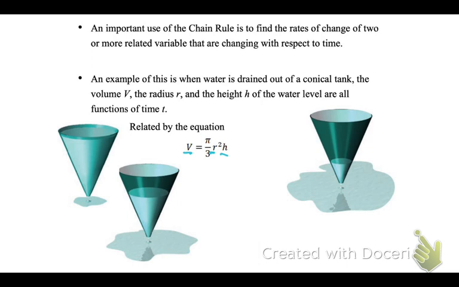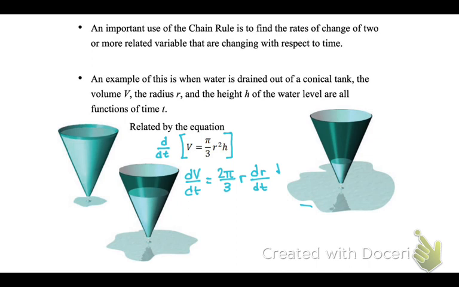So what we do is we take the derivative not with respect to x, but with respect to time, because these variables are changing according to time. So when I did that, I would have dV/dt equals 2/3 pi r dr/dt, dh... Oh, no, I wouldn't.